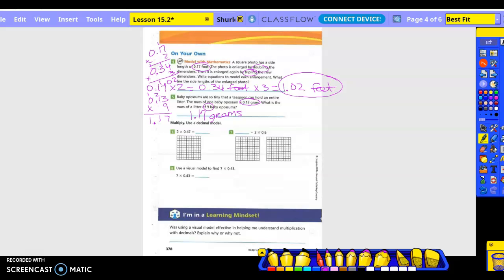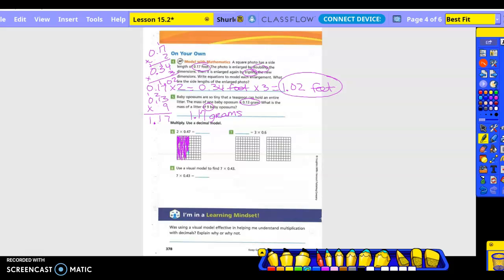So multiply, use a decimal model. So there you have the flats for us to fill in, right? Okay, with 100 pieces. So you can do designs or 2 different color choices, right? So the first one we're going to color in 4 longs, right? And how much of the next one? 7. Okay.